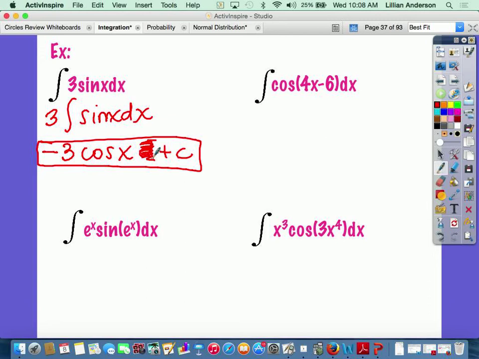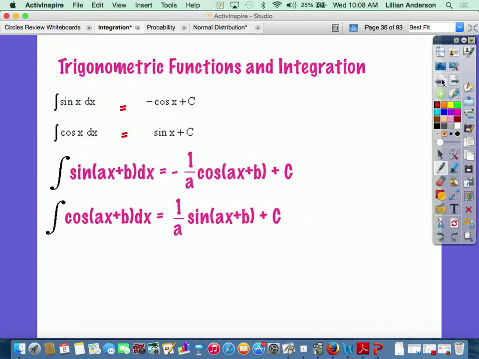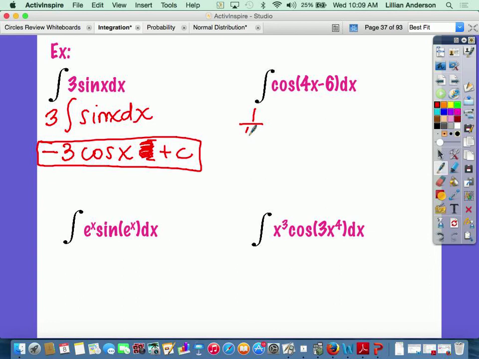We'll go across to the integral of cosine of 4x minus 6 dx. Okay, well that 4x minus 6 is that linear function, okay? So if you recall from the formula for cosine, it's going to be 1 over a. What's a? So it's going to be 1 over 4 sine and then plus c.